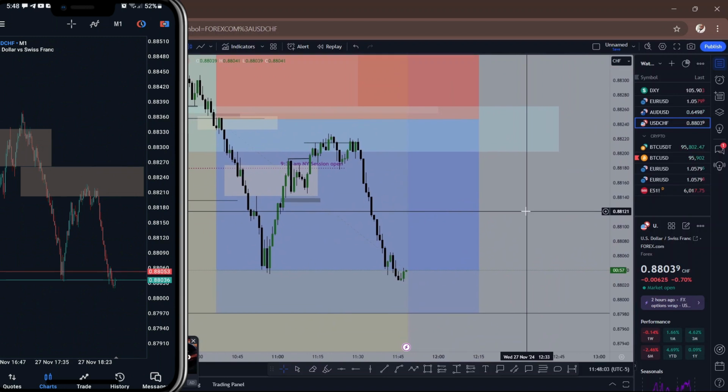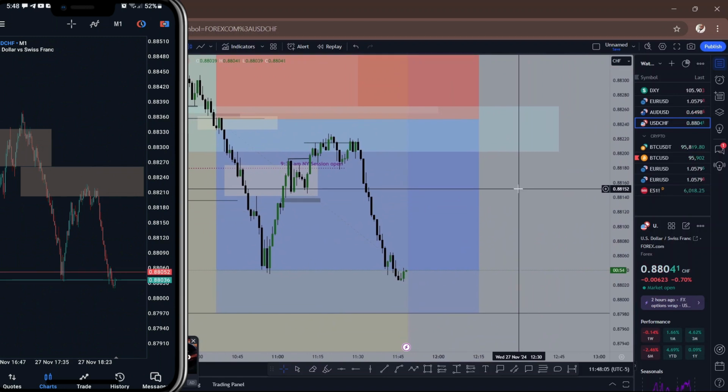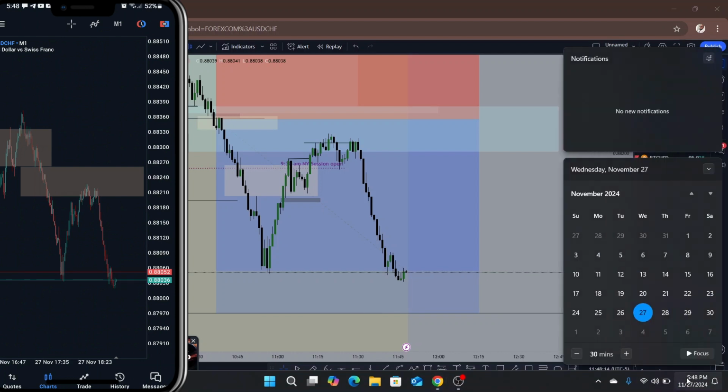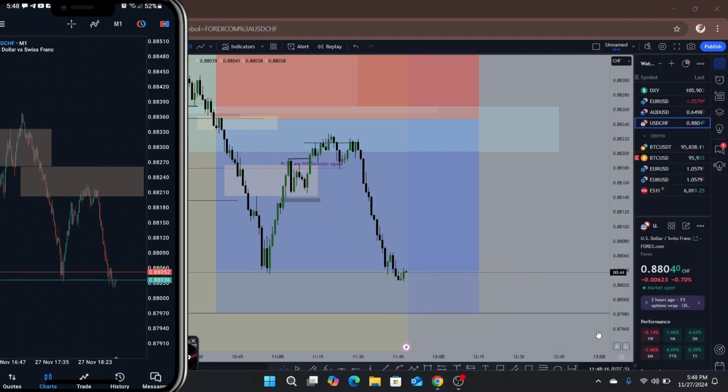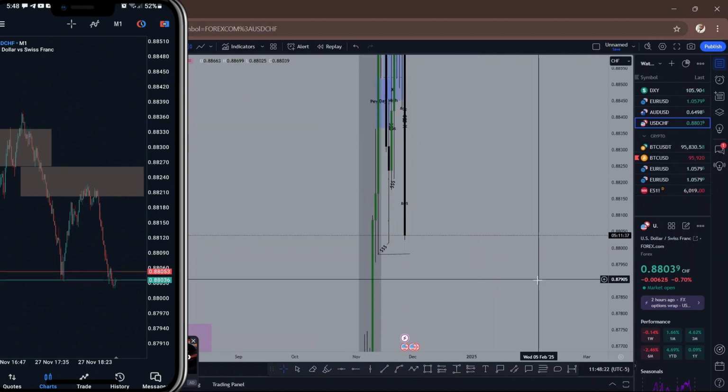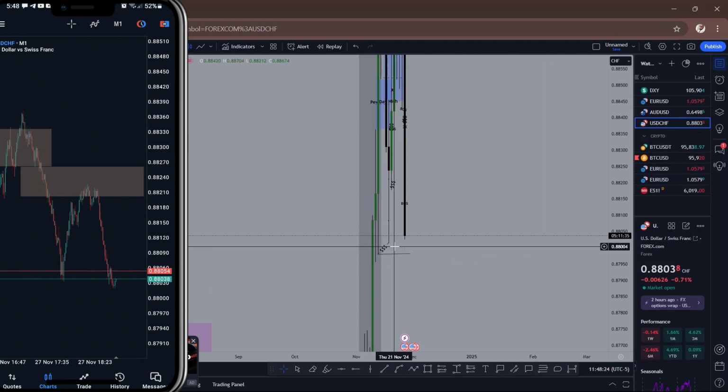So, yo, guys, this is actually cool. This is actually a beautiful trade, and hopefully we're still going to get down to these points, right?